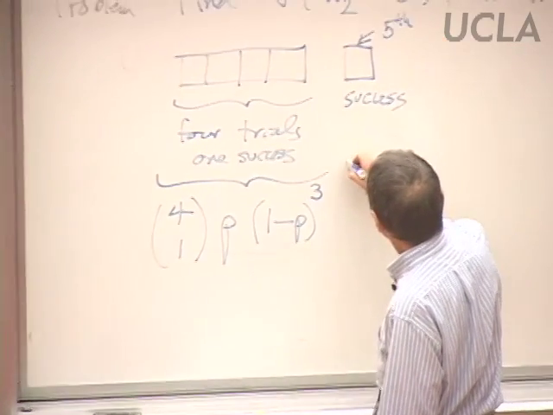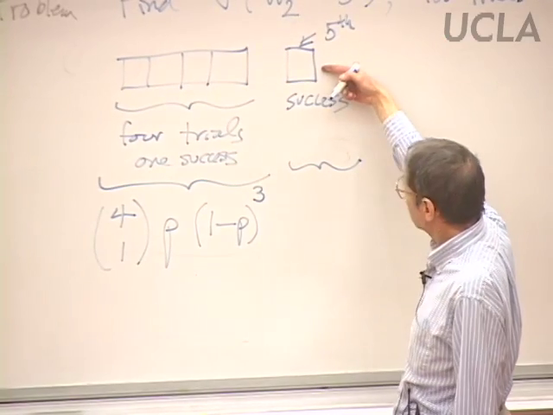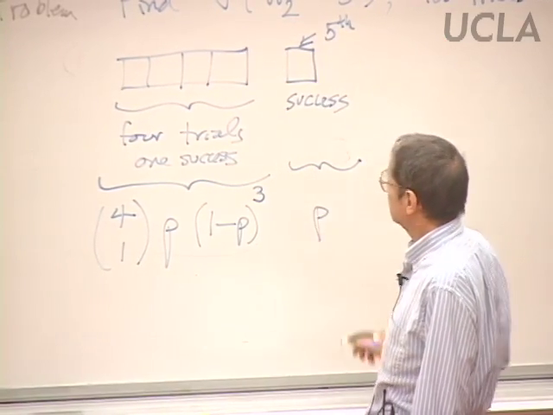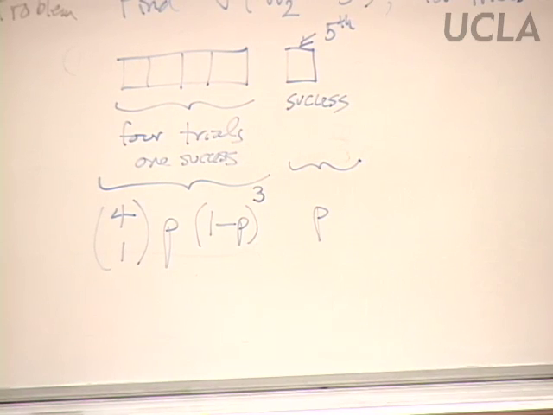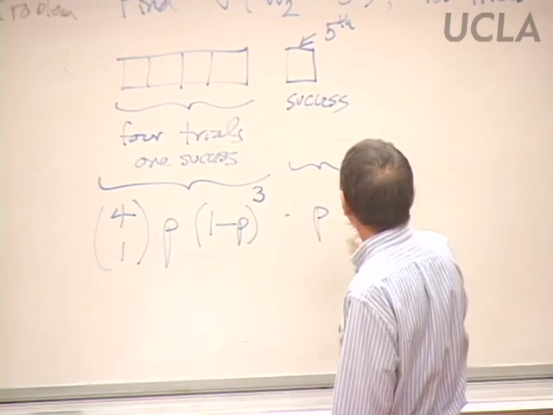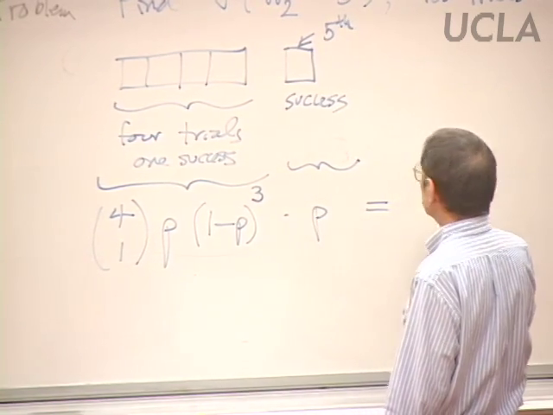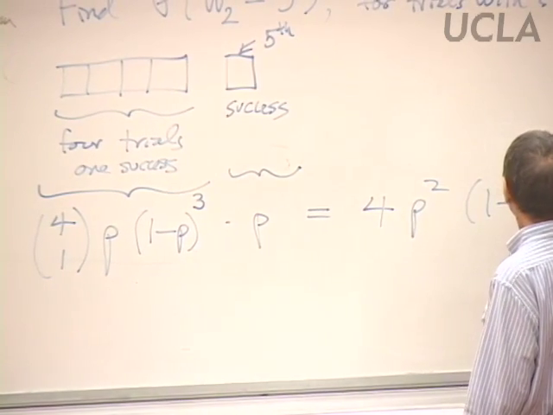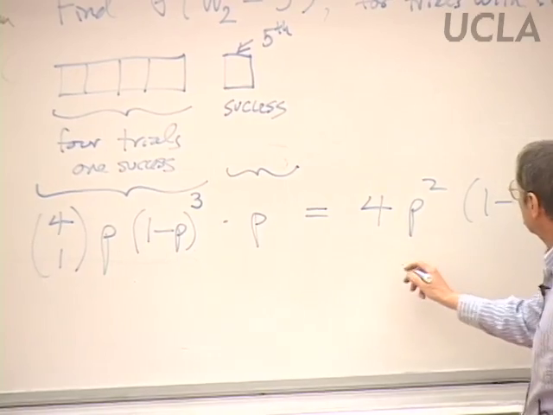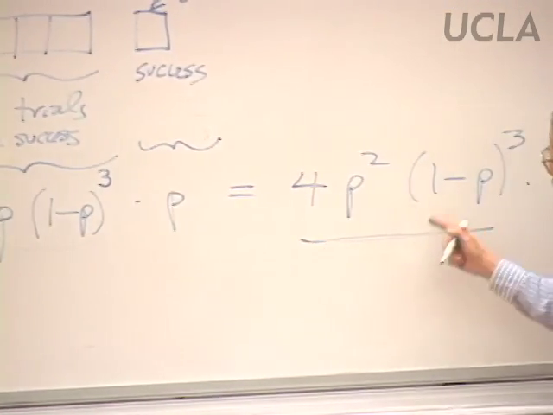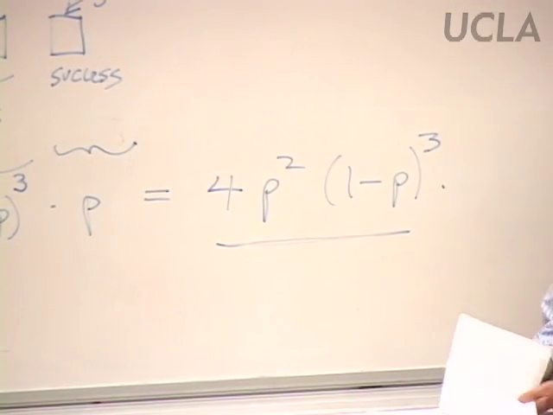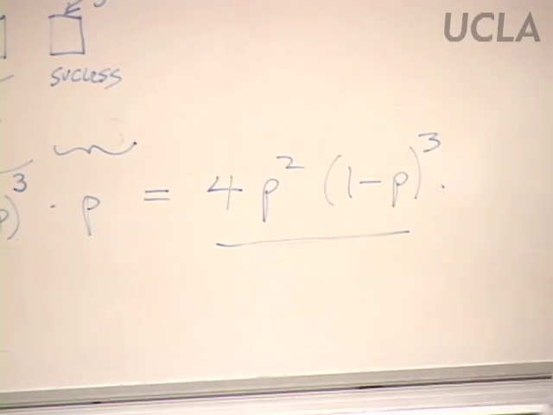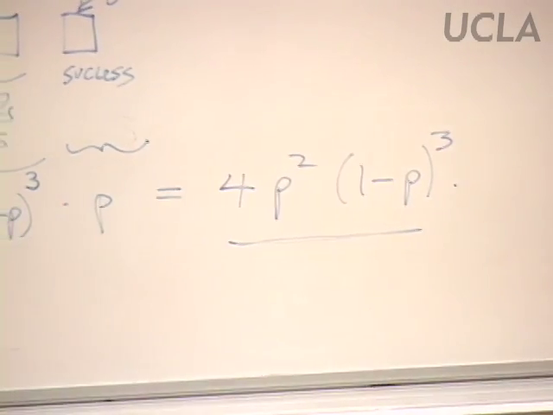And then we want the 5th trial to be a success, probability P. Trials are independent, so we multiply. 4 choose 1 is just 4. Yeah, the probability that W2 is 5 is given by this expression.